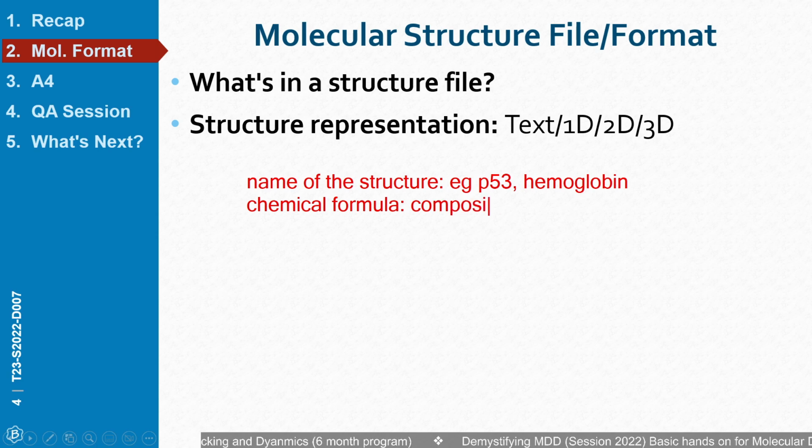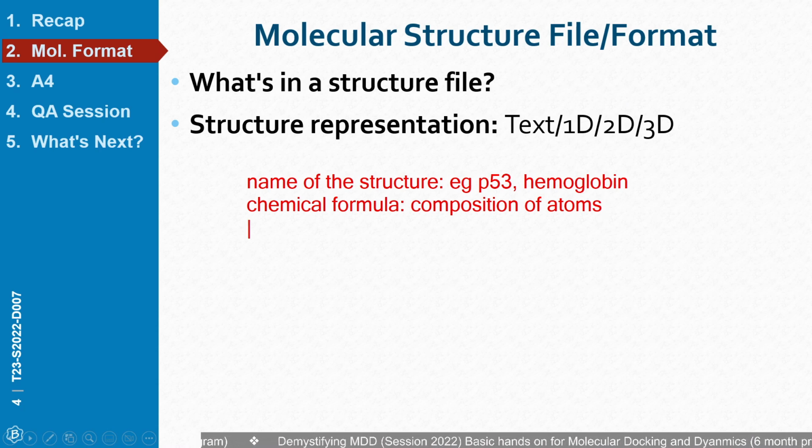We can understand the composition of atoms through chemical formula, but it won't tell how different atoms are arranged, and that information can be obtained through bond length, which is already experimentally established, and bond angles. So basic things can be deciphered from chemical formula, but that's not quite accurate.